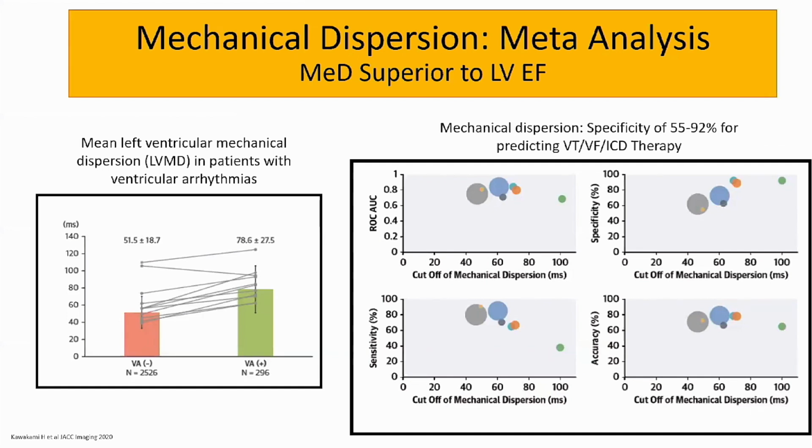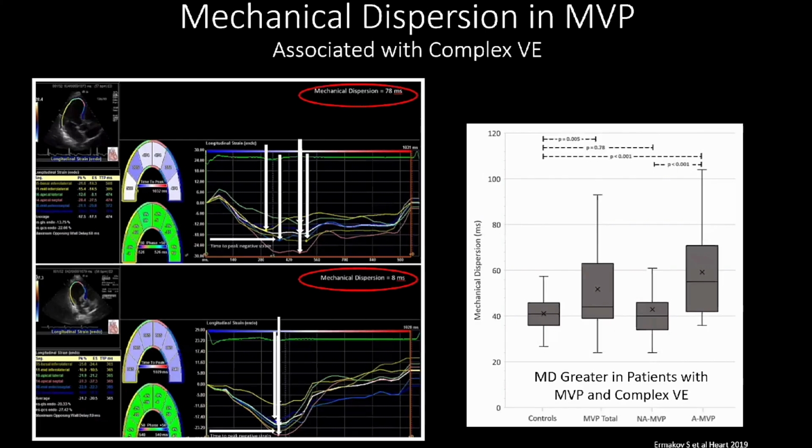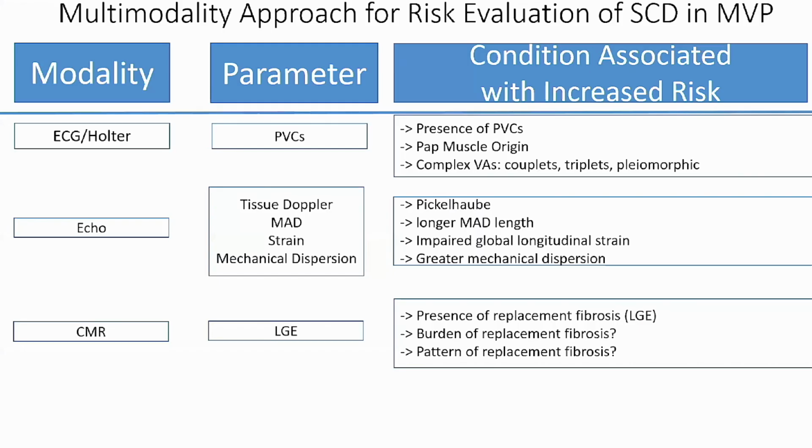If you look at a meta-analysis of mechanical dispersion in all comers, the specificity ranged from 55 to 92% for predicting major arrhythmic events. And there is data for mechanical dispersion in MVP. In one particular study, they showed that patients with arrhythmogenic mitral valve prolapse had greater mechanical dispersion than either MVP without ventricular arrhythmias or controls.